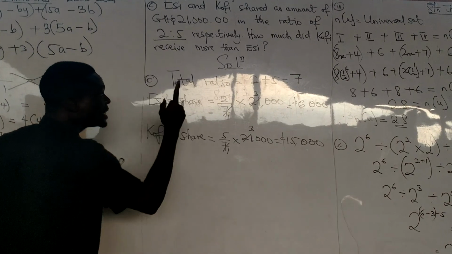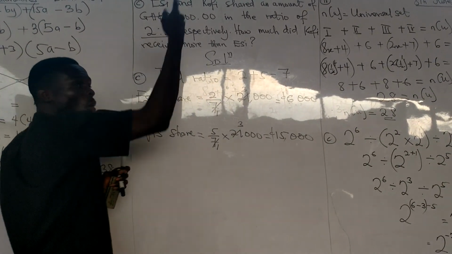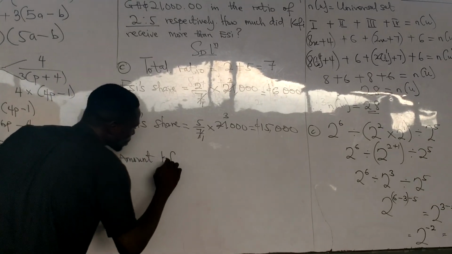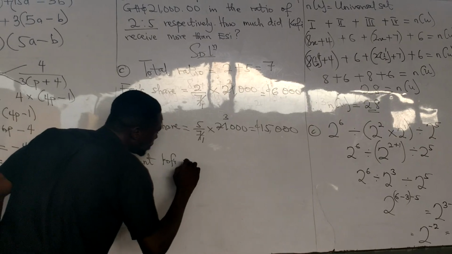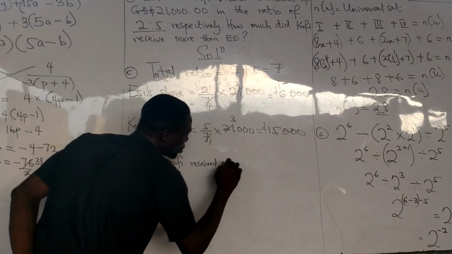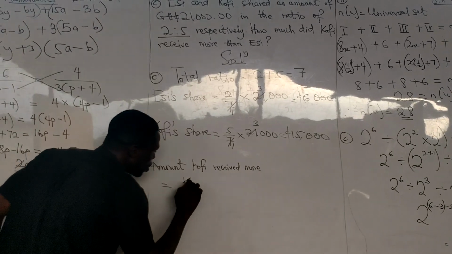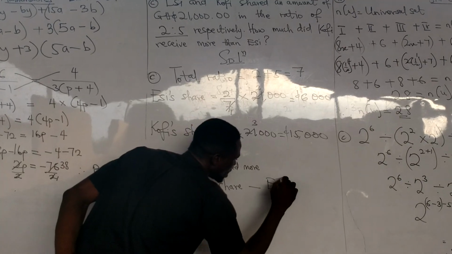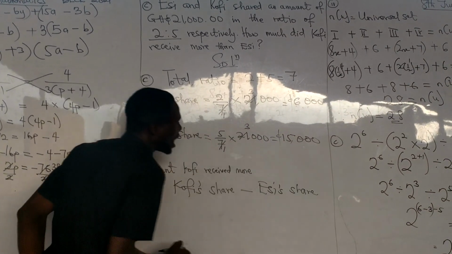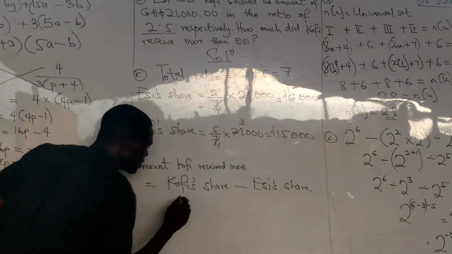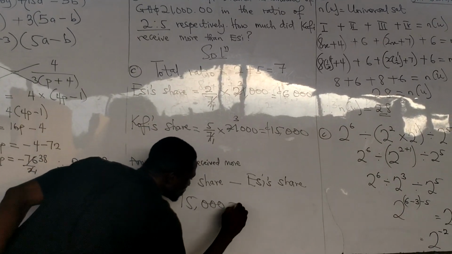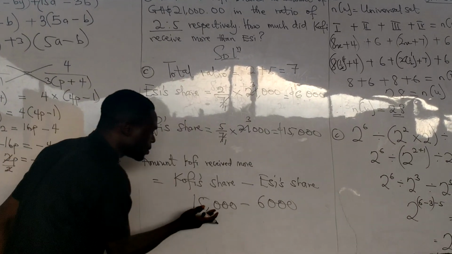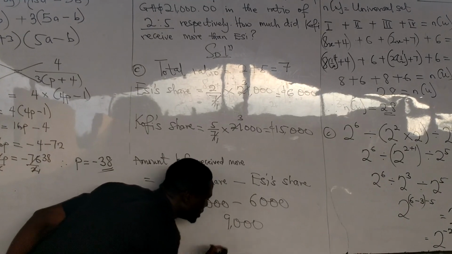So to calculate the amount Kofi received more, Kofi received more is equal to Kofi's share minus AC's share. After calculating, what's Kofi's share? 15,000 Ghana cedis minus AC's share 6,000 Ghana cedis. When you subtract 6,000 from 15,000, you have 9,000 Ghana cedis.